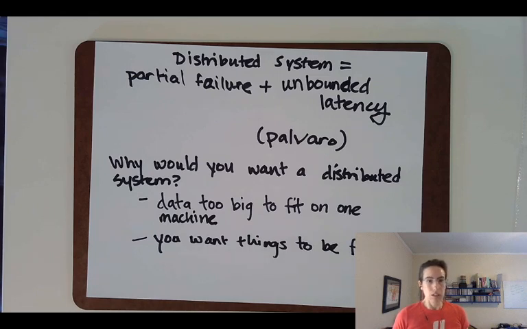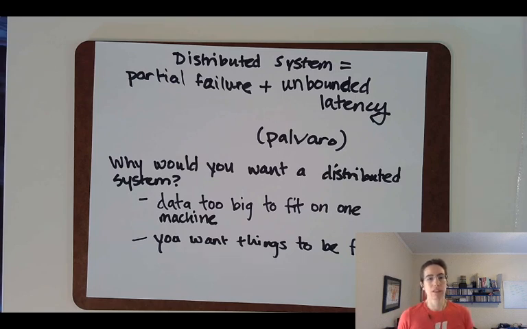Some other people are pointing out things like redundancy. So redundancy doesn't necessarily mean that the system has to be distributed, right? I could have multiple copies of something, but have them just be on one machine.